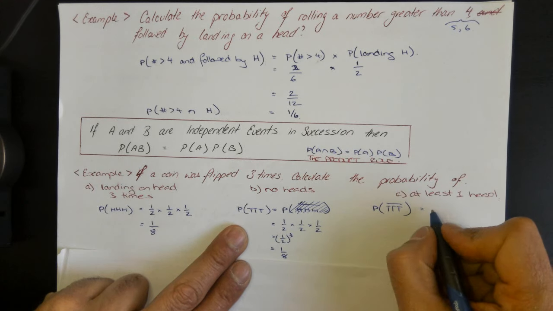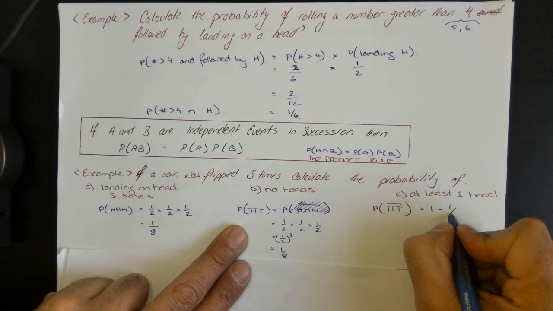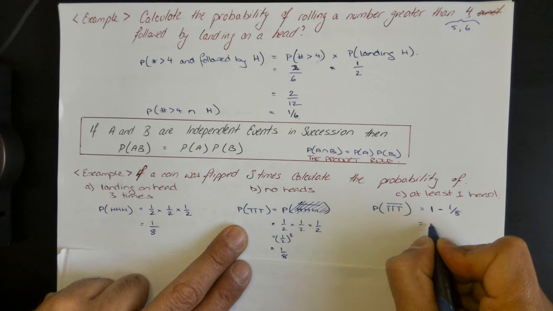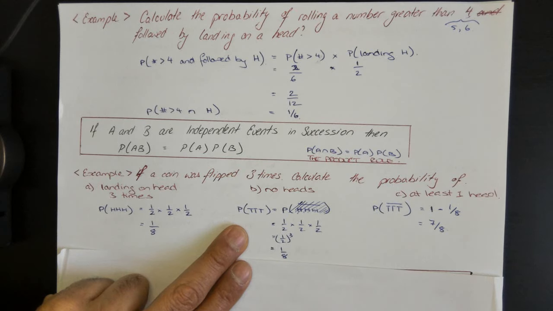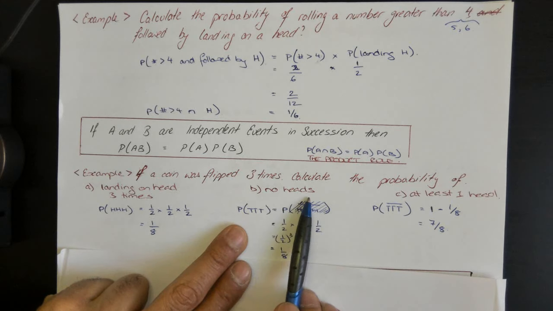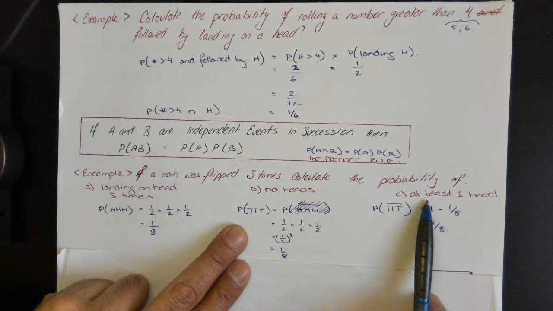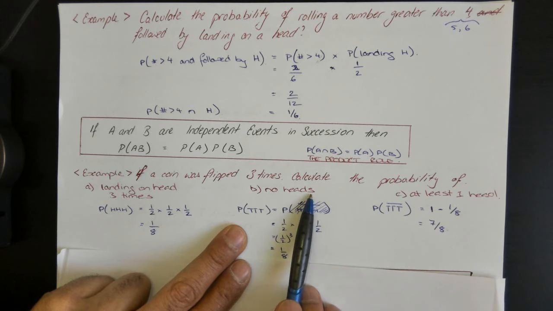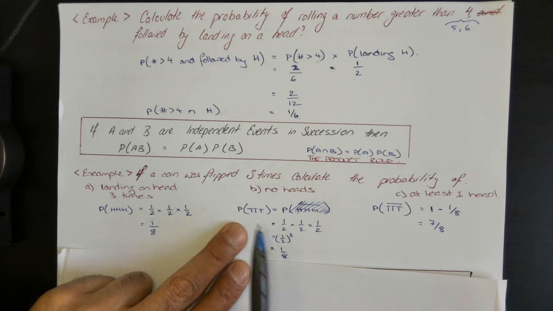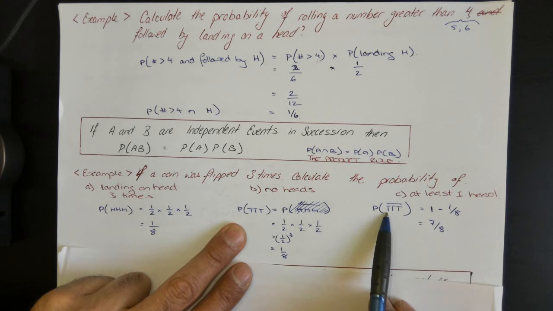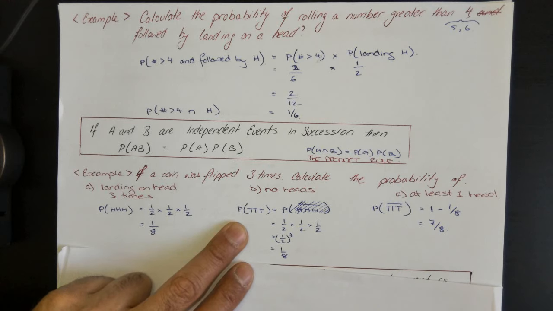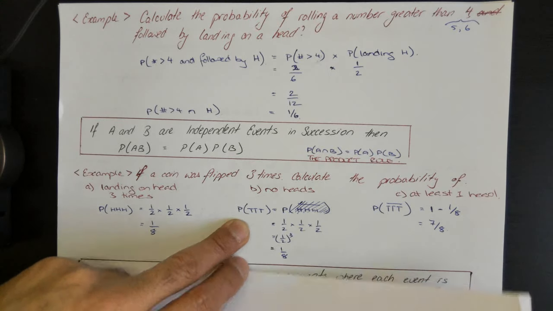So at least 1 head is going to be 1 minus 1 over 8, which is 7 over 8. Note the difference: no heads was tails, tails, tails, whereas at least 1 head was the complement of not having 3 tails.